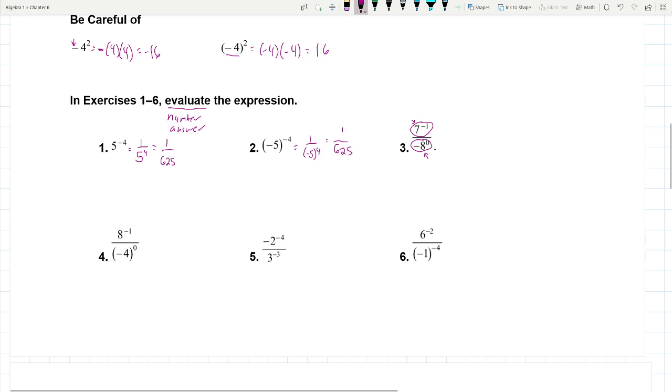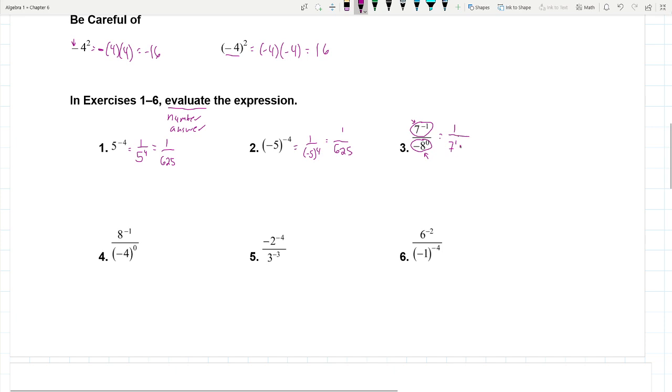So when I do this, if I start with the base 7, this 7 is to the negative first power. So this is 1 over 7 to the first, because I want to have that as a positive exponent. Now I can deal with this base 8. And this base 8 is a 1.